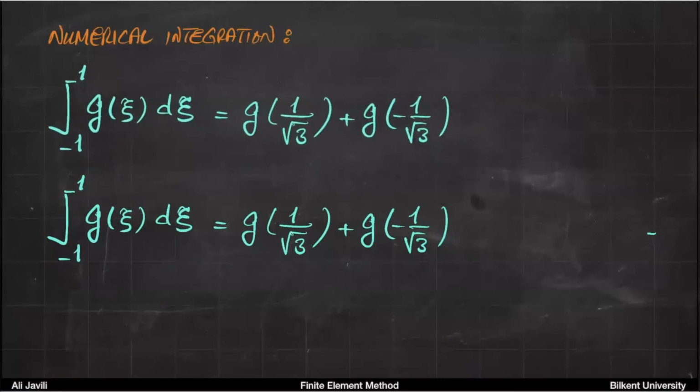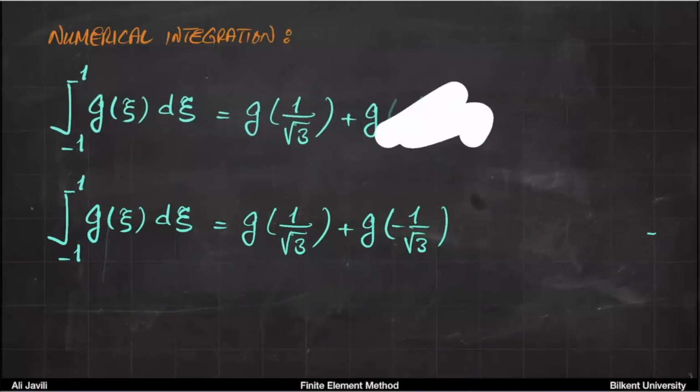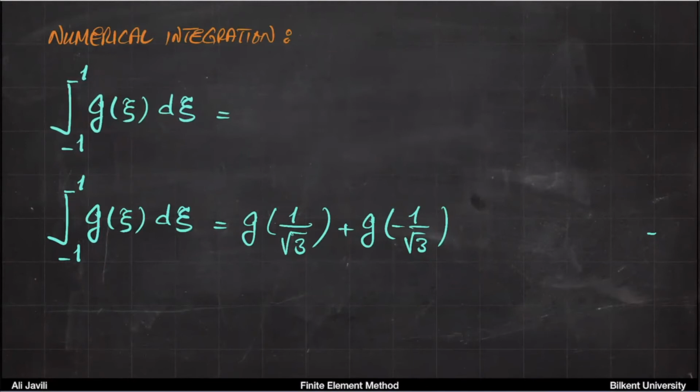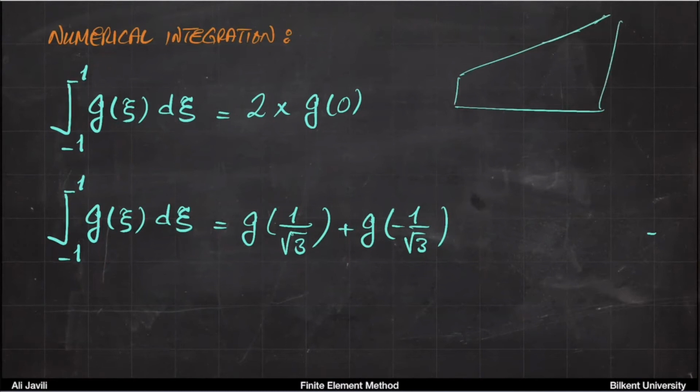I put one there. And this thing is just G at 0. Well, it's 2 times G at 0. Remember, the first one is just the area of the trapezoid, right? So if it is between minus 1 and 1, that length is 1 minus minus 1, which is the 2 here. And then the point in the middle is just 0, okay?